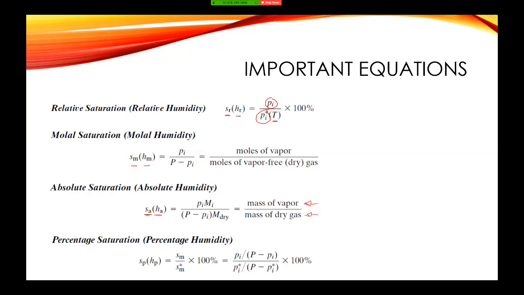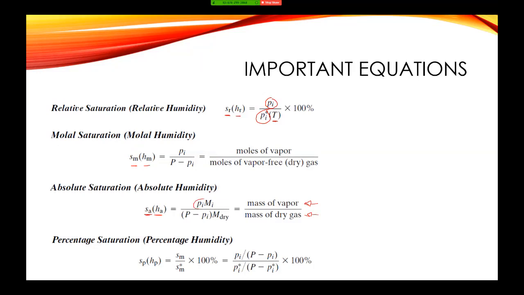And the mass of gas is the amount of gas without any water, right? The way we calculate the mass is using the molar mass of water in this case, or the molar mass of acetone, depending on the component, and the partial pressure.